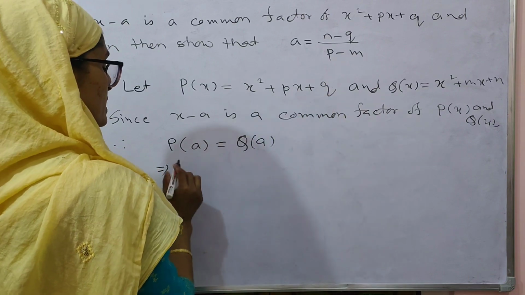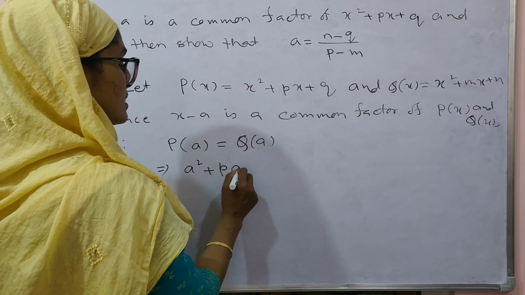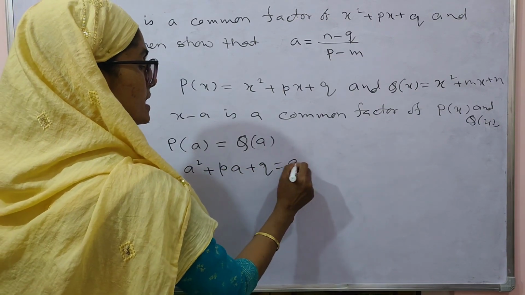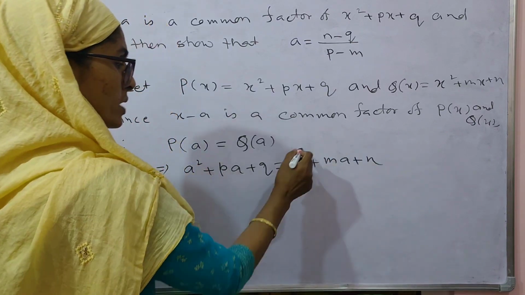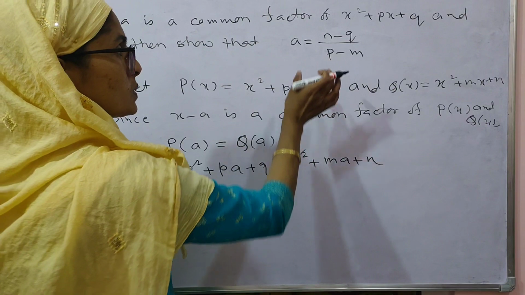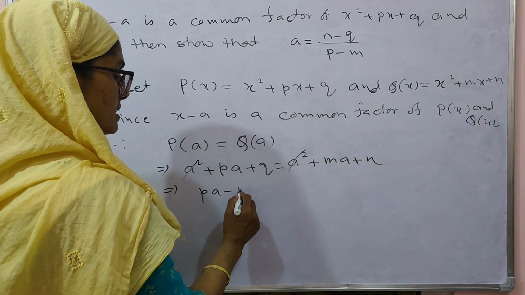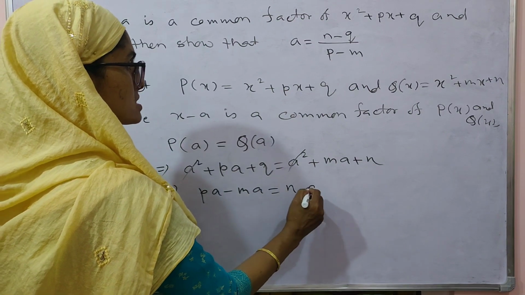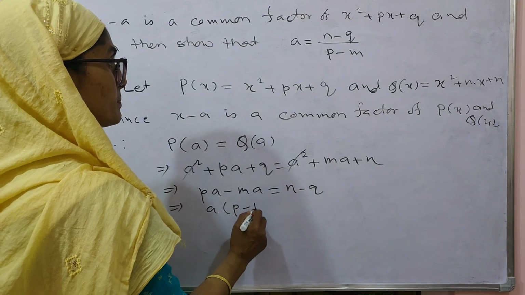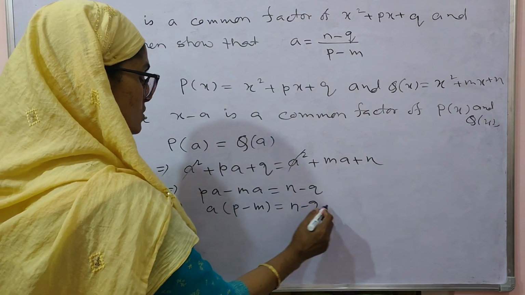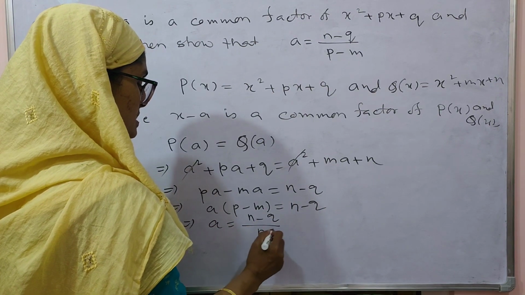Now putting the value of x equal to a: a square plus pa plus q equal to a square plus ma plus n. So a square cancels. You have to find the value of a. So pa change the side, pa minus ma equal to n minus q. Or if you take a common, you will get a into p minus m equal to n minus q. Or a equal to n minus q by p minus m.